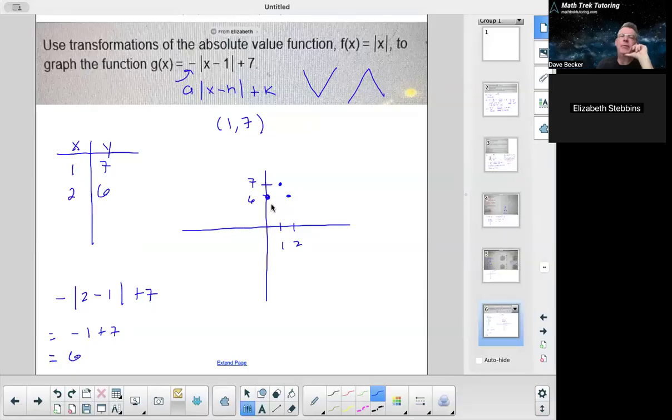So it would be at (0, 6). And then you can just go whoop, whoop, just like that. If you forget that and you can't find where the point is, you just plug in x's until you find it, right?